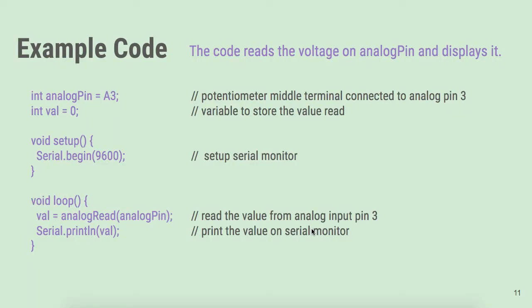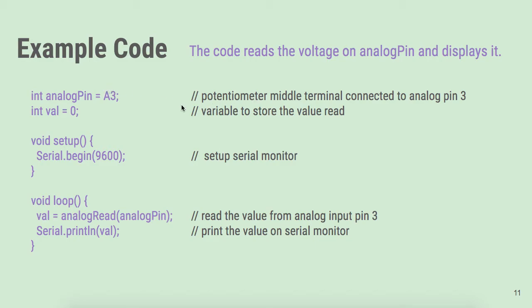Just some example code, because I like to give you guys some examples. This code reads the voltage on an analog pin and displays it. We haven't talked about the serial monitor yet, so don't worry about any of the serial monitor commands, I just wanted to give you an example. So here we have our variables. You can see that I named analog pin A3.